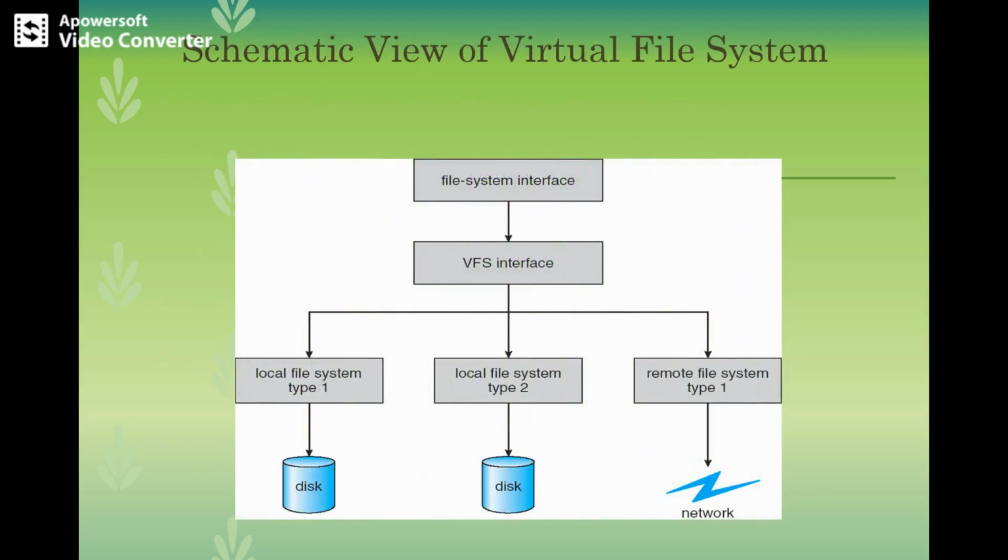You can see the schematic view of the virtual file system, how exactly it is. There is a file system interface, which is done through a VFS interface, and this VFS is based on the file system structure called a vnode.